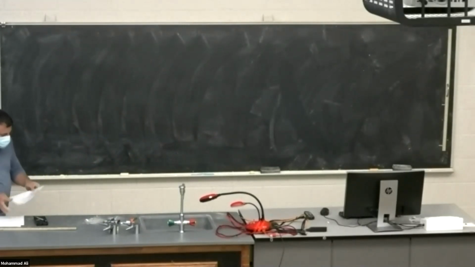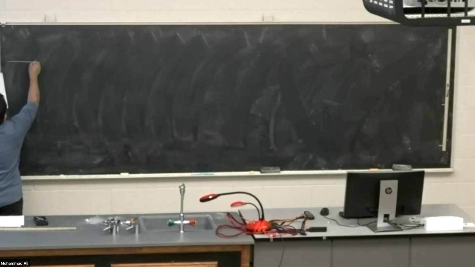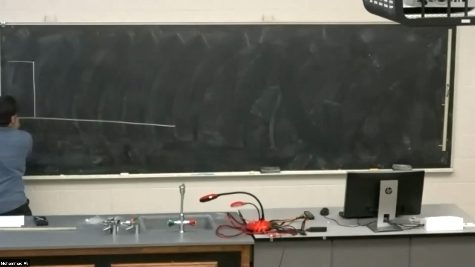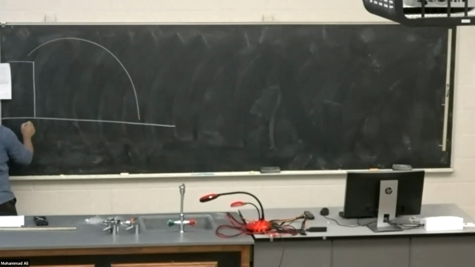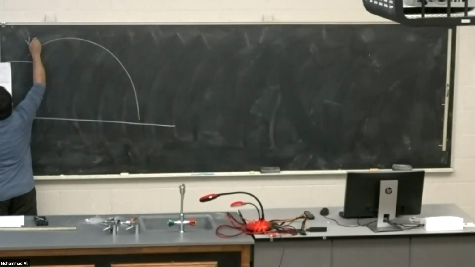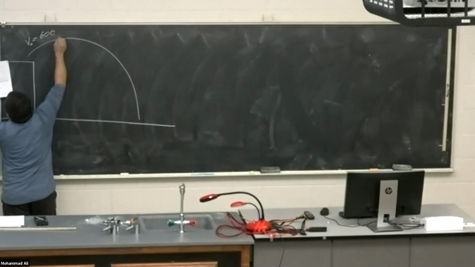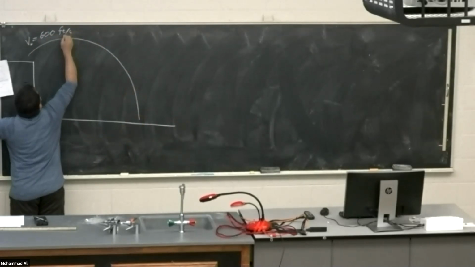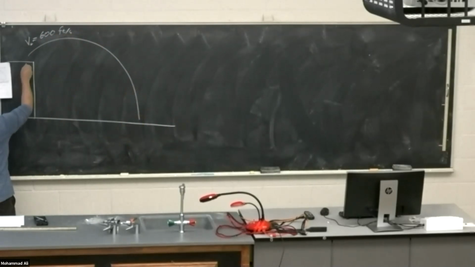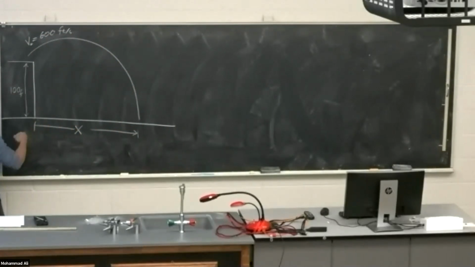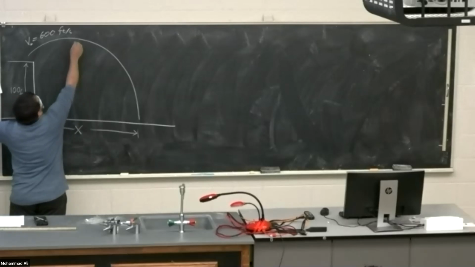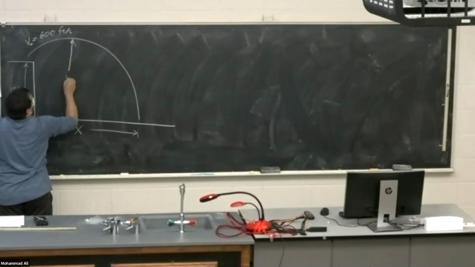Now let us start this example. We have this figure, this experiment. V naught is equal to 600 feet per second. The initial altitude is 100 feet. I need to find the range, which is the maximum x, also the maximum height, y max.